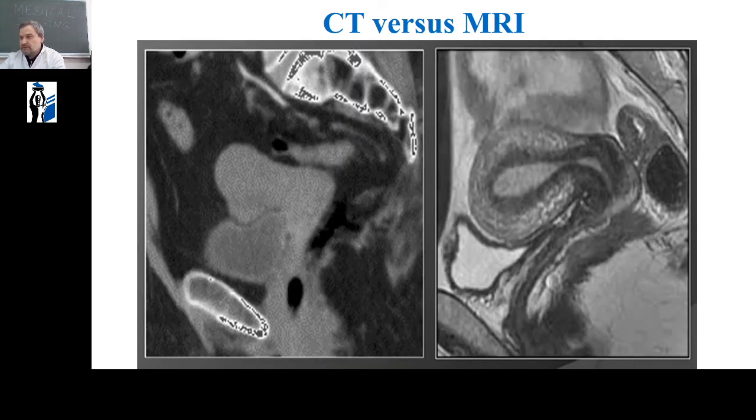Another example on the next slide. It shows the ratio of computed tomography and magnetic resonance imaging in the diagnosis of soft tissue pathology. The undoubted advantage in the detailing of soft tissue is shown in the right figure using the magnetic resonance imaging technique.